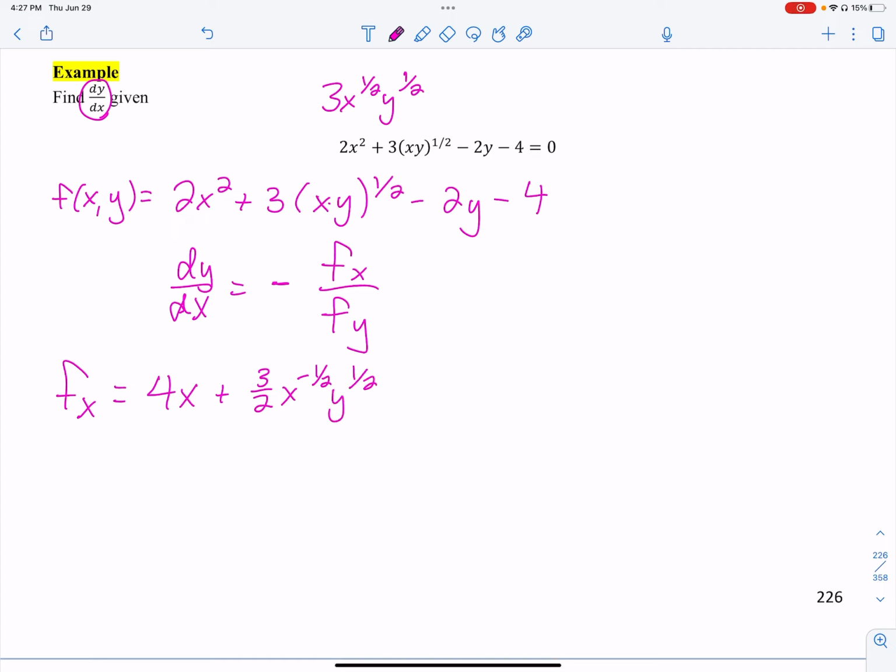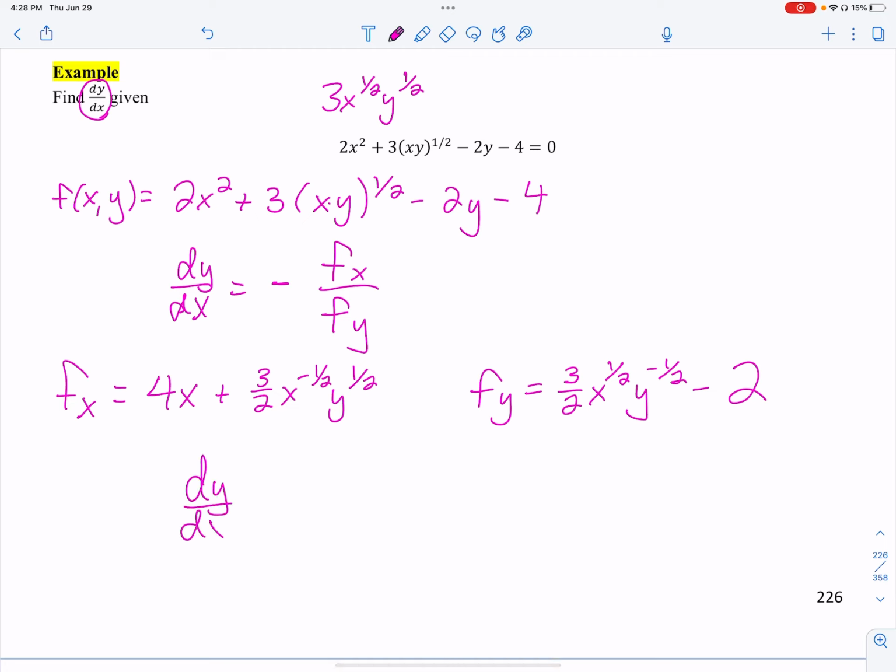And then the last two terms are constants, so they're not there. The derivative of f with respect to y, the first term is a constant. The next term is going to be almost identical, except the y is going to be the negative 1/2. You can think through that if you'd like. And then the partial derivative with respect to y of minus 2y is minus 2. So we have our derivative now.